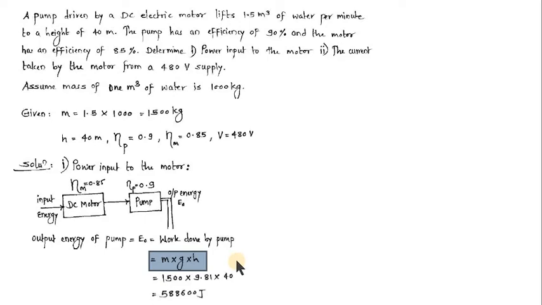So we can use the formula m into g into h to calculate the potential energy of the water, and substitute the values identified in the given to know the output energy of the pump. Firstly we will find out the input energy to the motor based on the output energy of the pump. It can be done in this fashion.